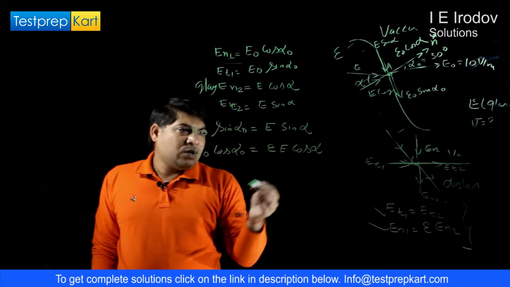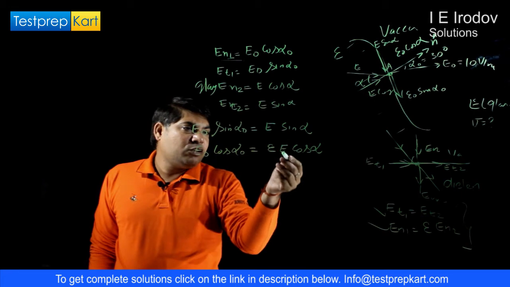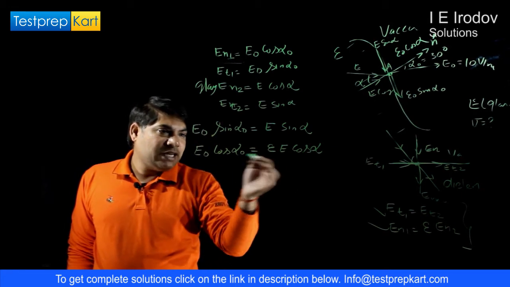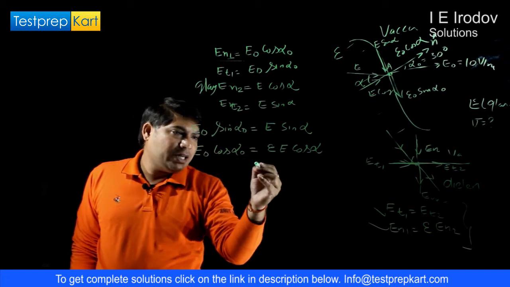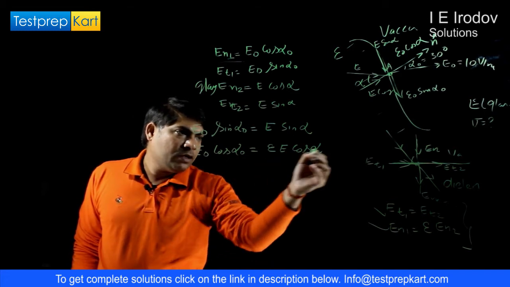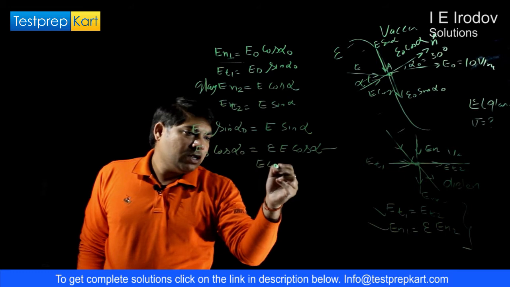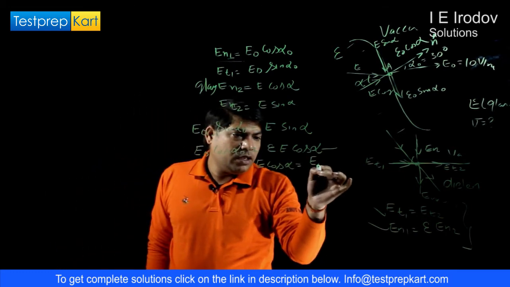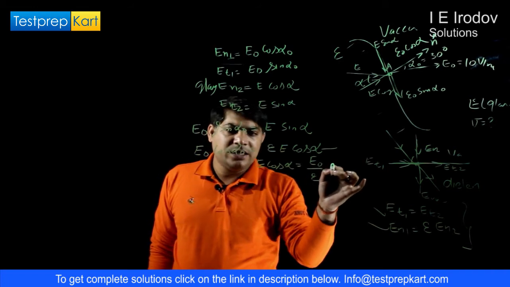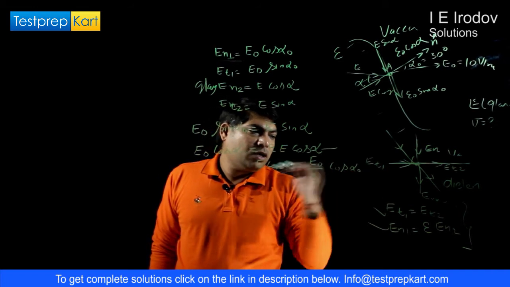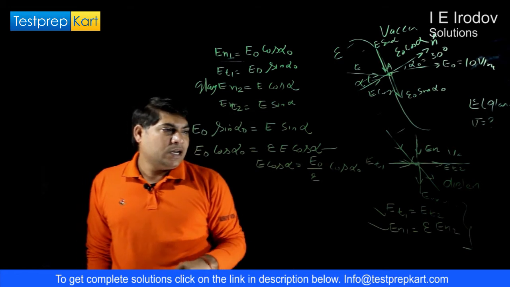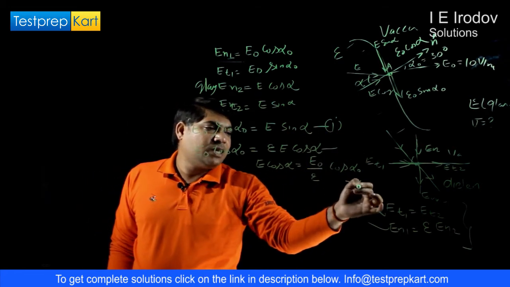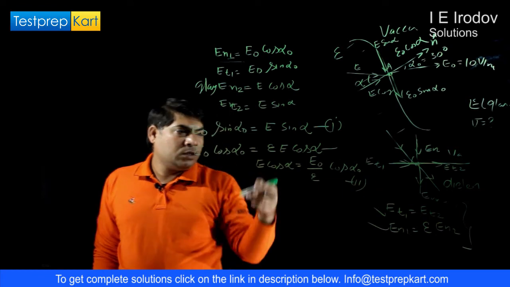As we want to calculate the magnitude of the electric field in the second medium first, we can do some manipulation. From the second equation, E cos alpha is equal to E naught upon epsilon into cos alpha naught. We just need to square and add equation 1 and equation 2.